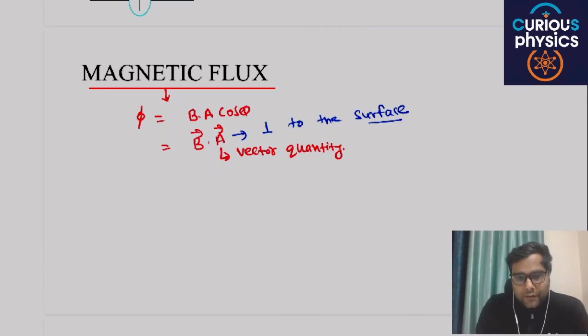For an open surface, there can be two directions of area vector, which depends on you, how to choose one direction of area vector.